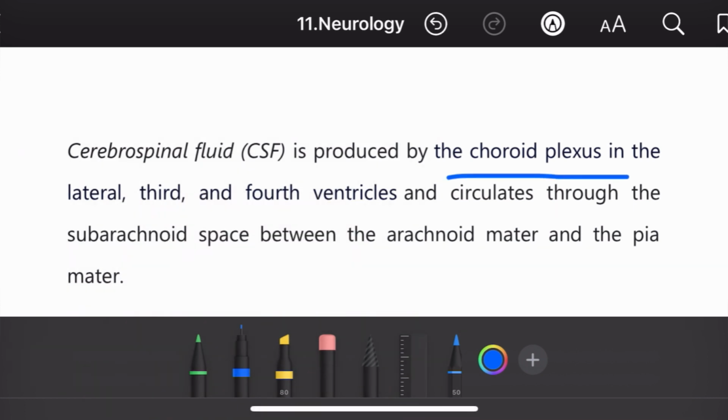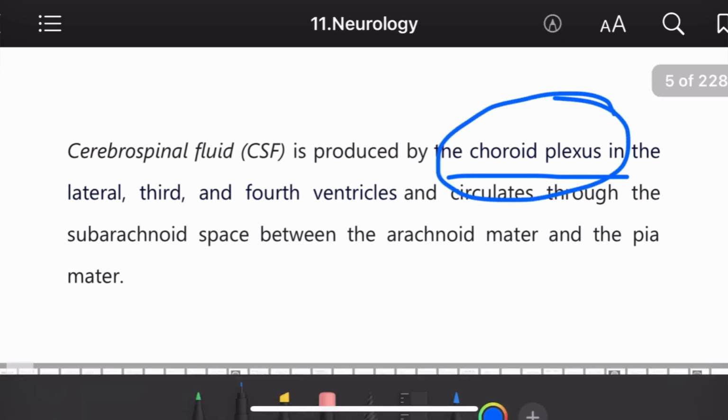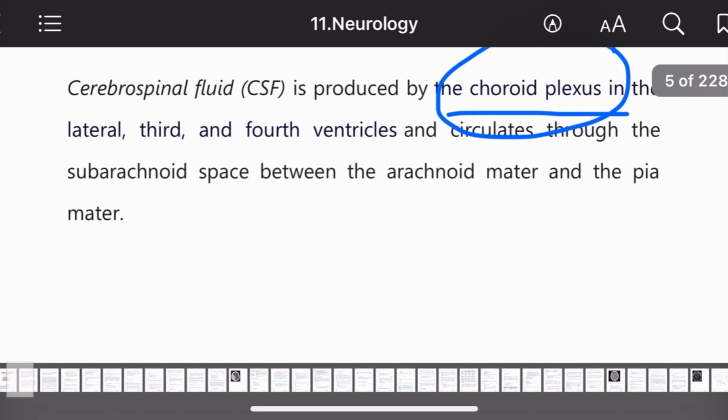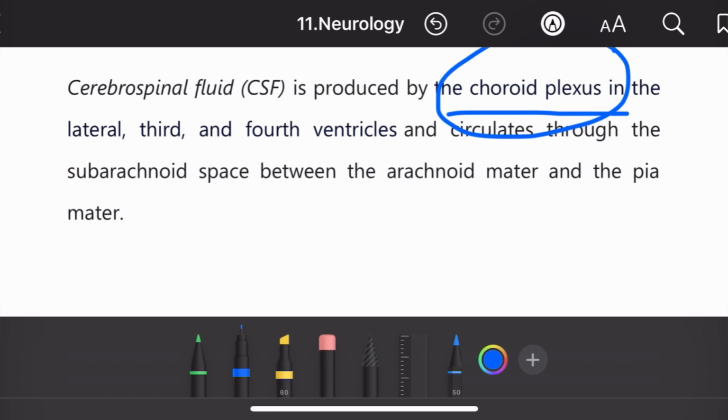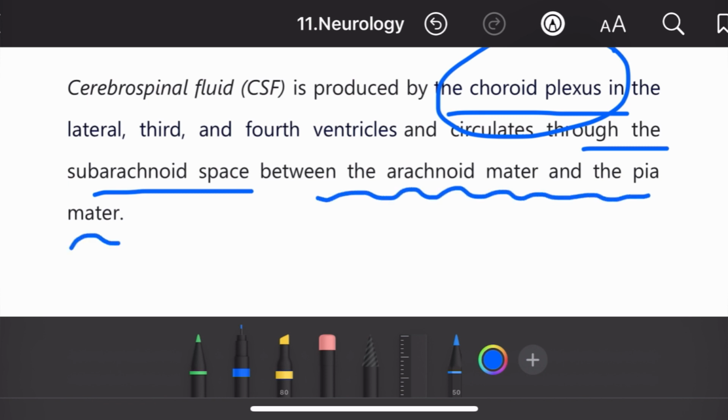The choroid plexus is the one which forms the CSF, and then it is circulated through the subarachnoid space between the arachnoid and the pia mater. The coverings of the brain and spinal cord are the meninges.